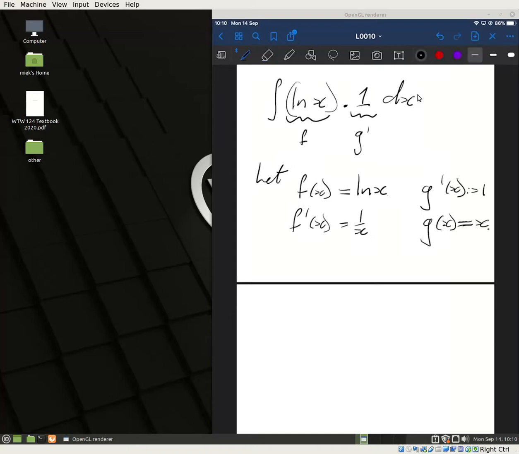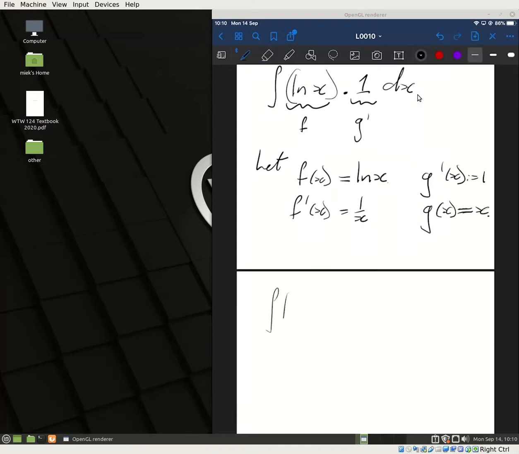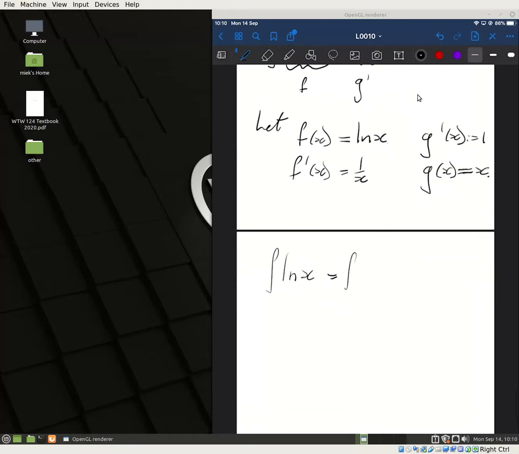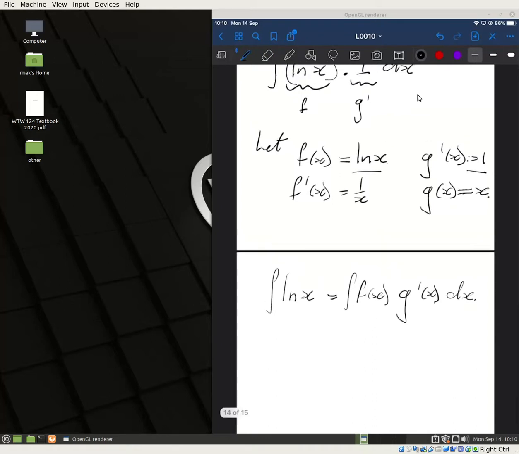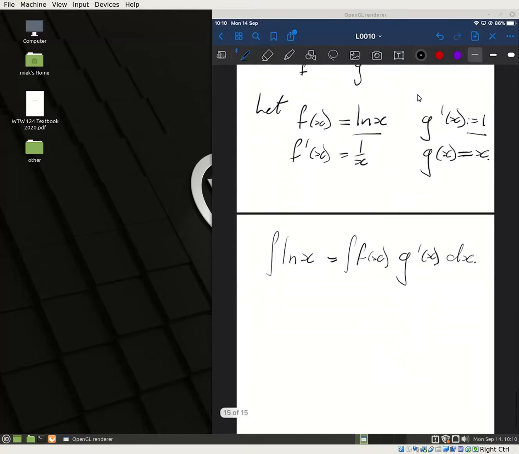Okay, let's see what happens. So the integral of ln x is equal to the integral of g prime x f x dx. Actually, let's write it the other way around. f of x is ln x, and g prime of x is 1, and that is what we had over there.